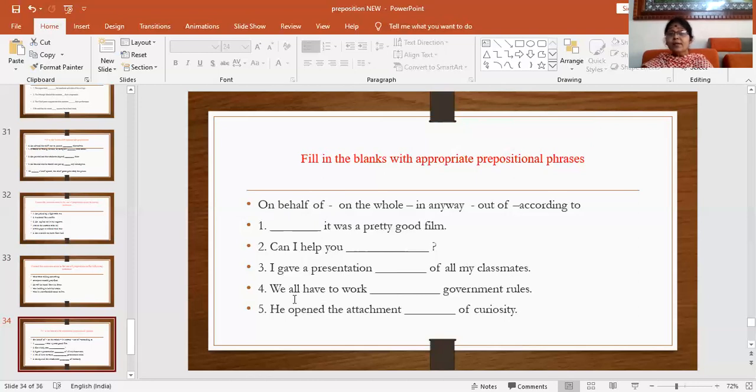Then we all have to work dash government rules. There are only two left, out of and according to. So which one are we going to use? According to government rules. He opened the attachment out of curiosity, right?